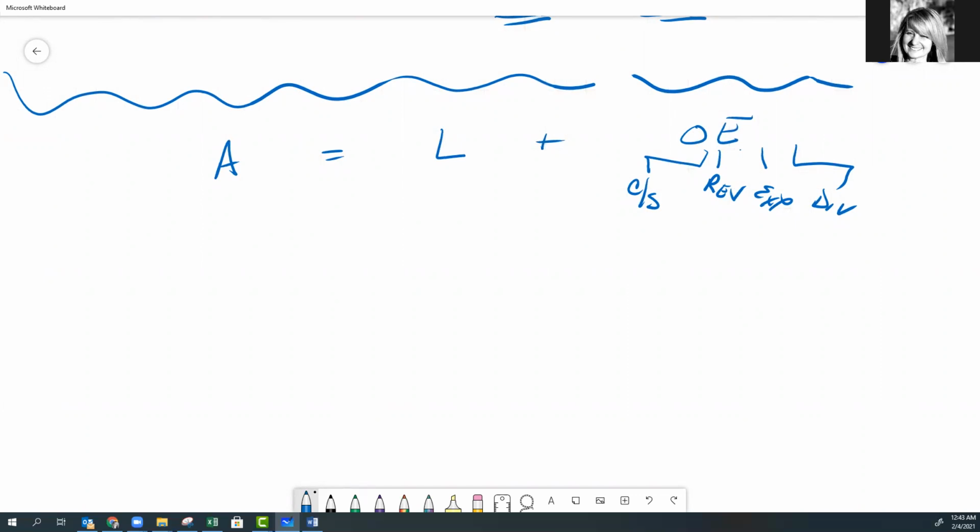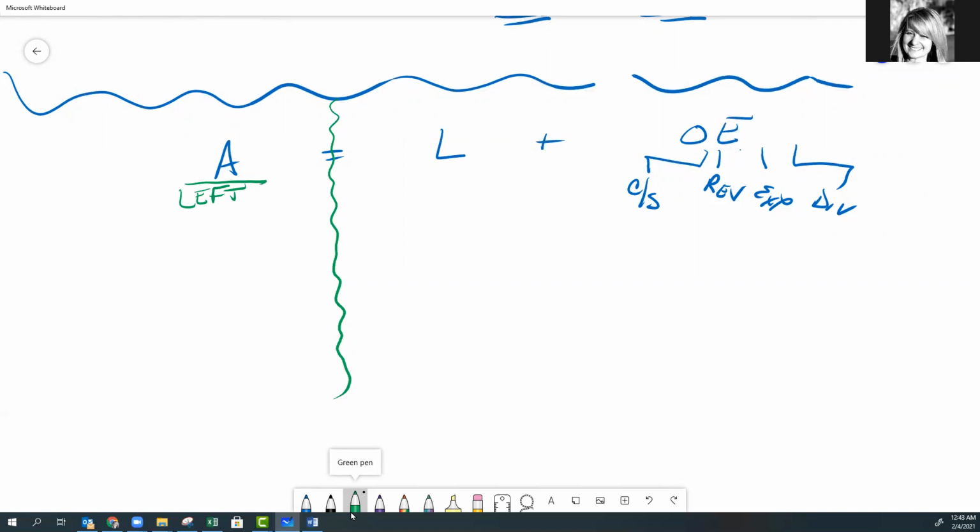So if we draw an imaginary line here by our equal sign, all of our assets here are on the left side of that equal sign. They're on the left, right? Doesn't matter which asset it is, whether it's cash or accounts receivable or inventory or supplies, all assets fall here on the left side of the accounting equation.